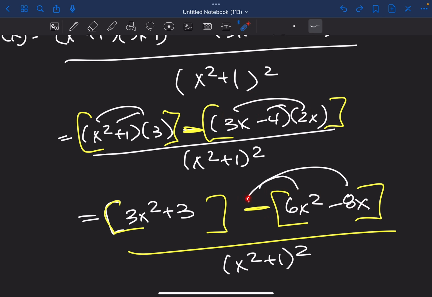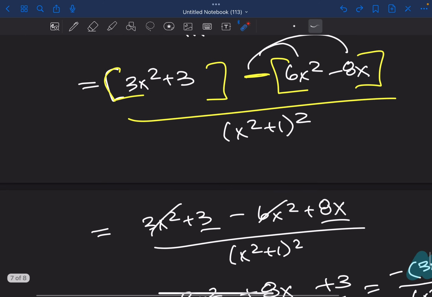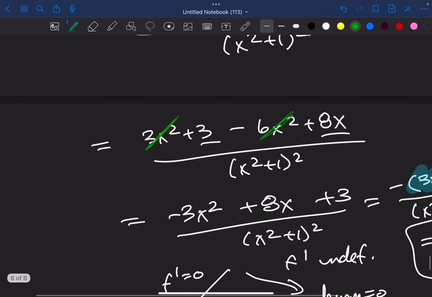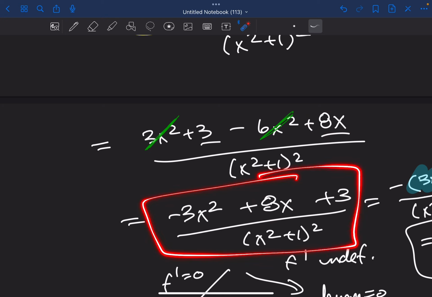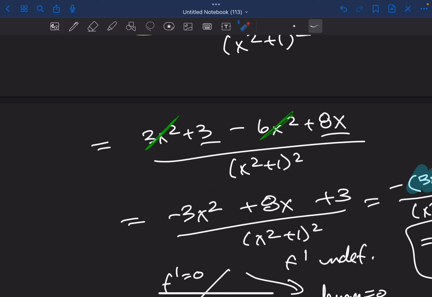And then I can distribute through the negative, which hits both of these and makes everything on top have the correct sign. So now when I look at it, the 3x squared and the negative 6x squared combine to give me negative 3x squared. The 3 comes over here, the 8x comes over here, and now I have one derivative, which makes me happy because it's nice in one term.